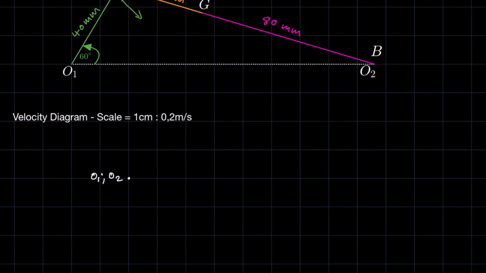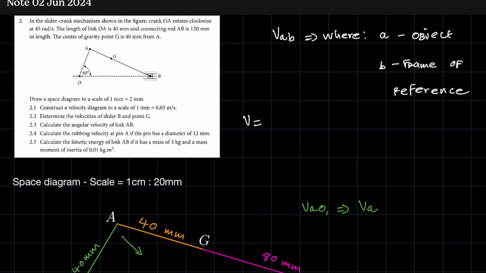Now, from angular motion, you should be familiar with this: V is equal to omega times R. This we've already been given, and this is what we're looking for. Essentially, let us be accurate here. We are looking for VA.